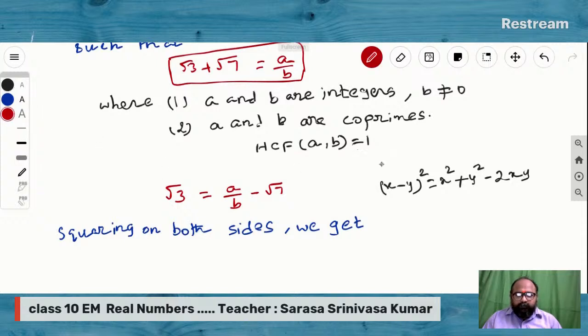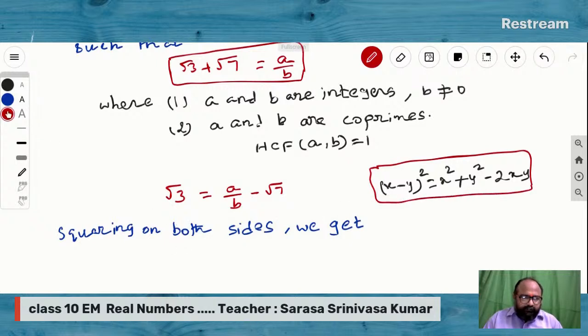We use this formula to find the square of the right hand side. Square root of 3 whole square equal to a by b minus square root of 7 whole square.